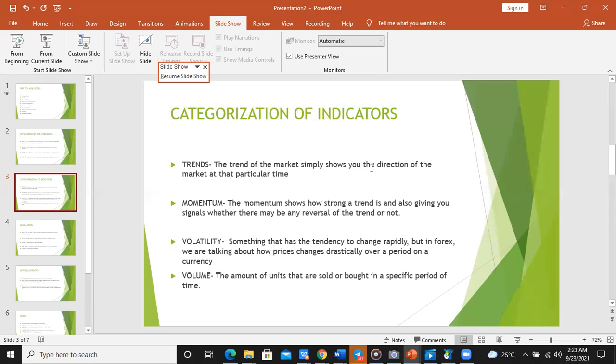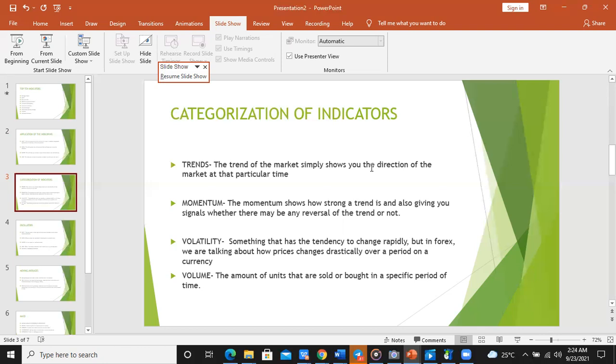Now, the second one is momentum. The momentum shows how strong a trend is and also gives you signals whether there may be any reversal of the trend or not. So there are indicators that will tell you that the way this market is trending upwards, it's not coming down anytime soon.